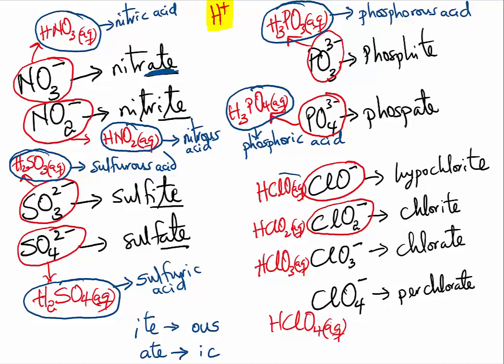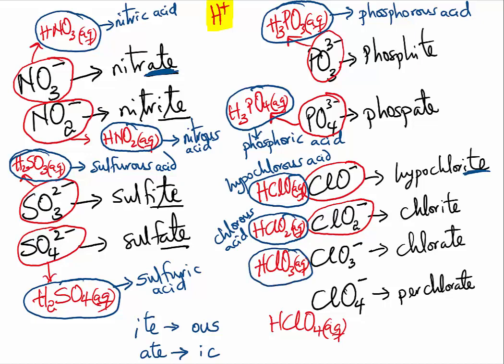HClO, because it is generated from hypochlorite, should become hypochlorous acid. HClO2, because it is generated from chlorite, should become chlorous acid.